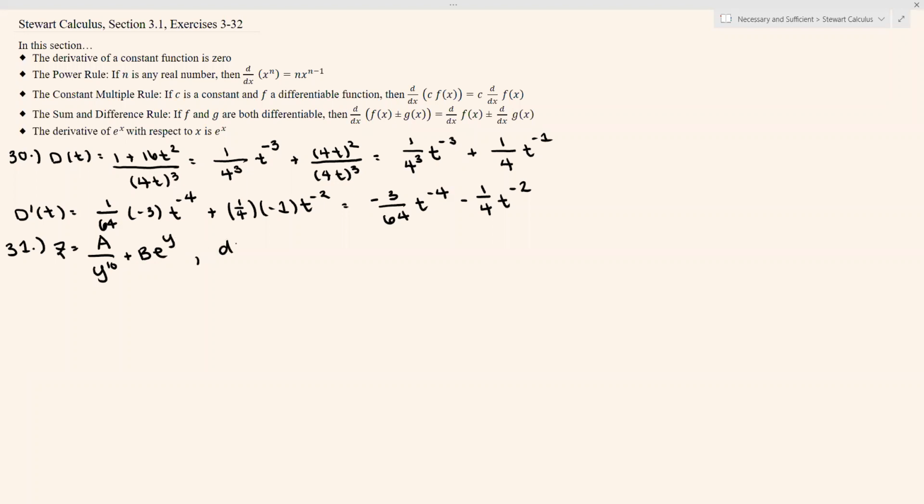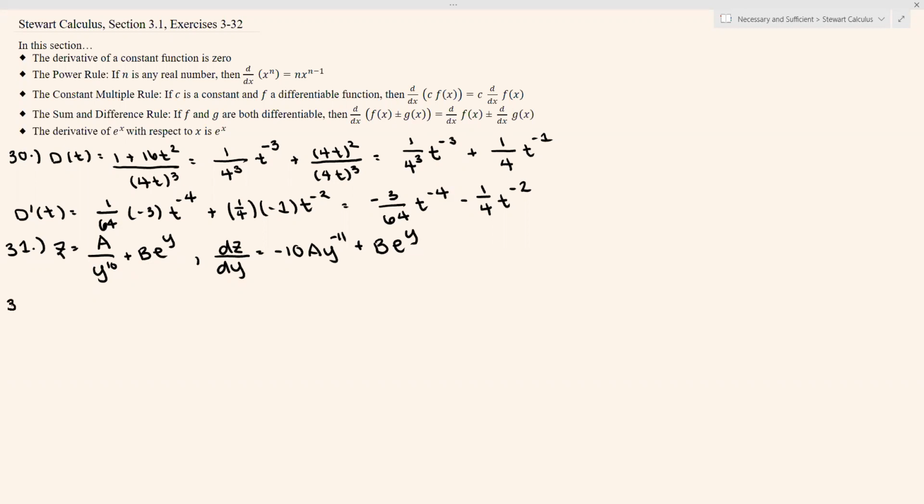So if I take dz dy, this is equal to, remember a over y to the 10 is the same thing as a times y to the negative 10. So minus 10 a y to the minus 10 minus 1 is minus 11, plus b, derivative of e to the y with respect to y is just e to the y. So b e to the y.